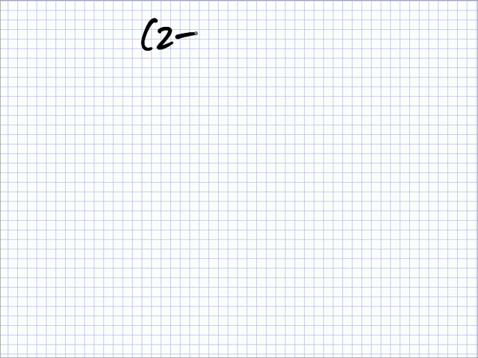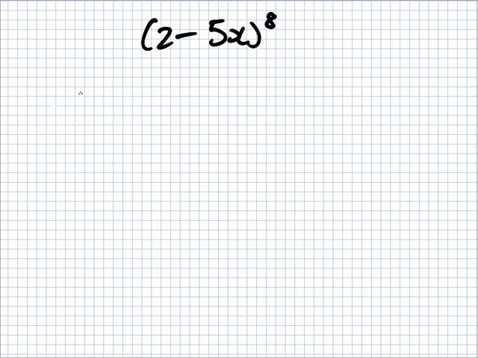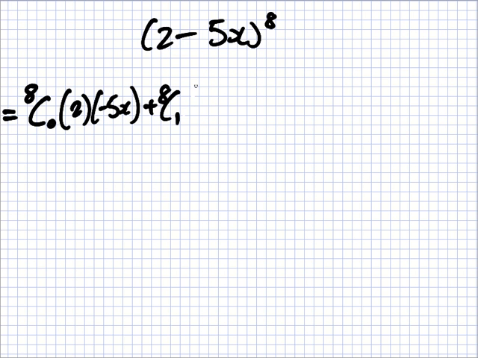2 minus 5x to the power 8. Right. Ascending. Okay, and it's how many terms? 4. So that will be 8c0 (2 minus 5x) plus 8c1 (2 minus 5x) plus 8c... Oh, I haven't put the powers in yet on anything.